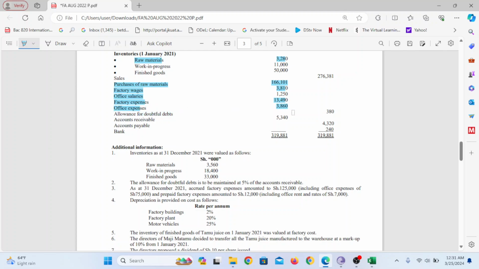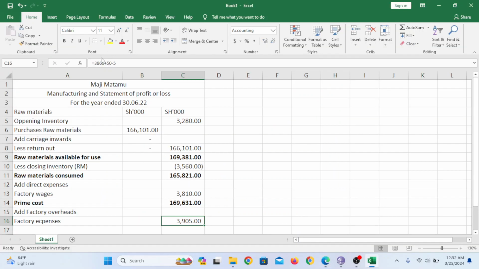So the 3860 is the office expense, but I wanted the factory expenses, that is 13490. Yeah, so I change that 13490 here. So it gives me 535 as my factory expense.